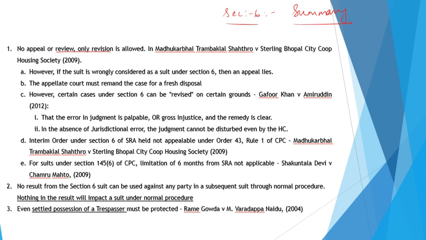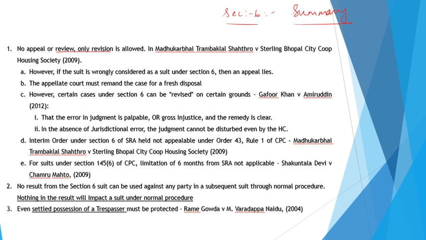You just go to court, you have been dispossessed from your property, and you say, court, this happened, and I was in peaceful possession. No due process was followed. Certain kind of muscle power was used, as I gave you the example: I was living well and someone came and disturbed my possession. And the court says, the court is not looking at title, the court says follow the due process, and till then the person who was in previous possession will keep the possession. Okay, that is the whole scenario.